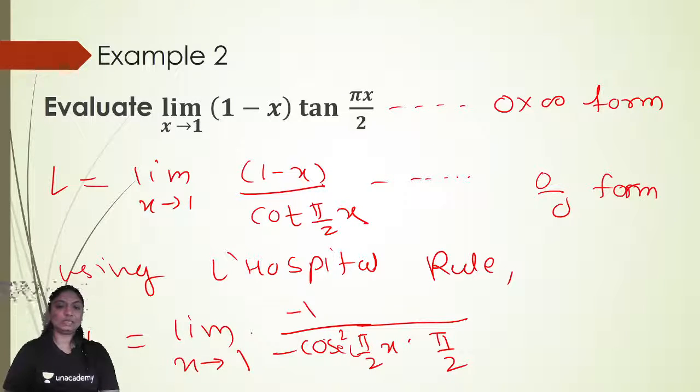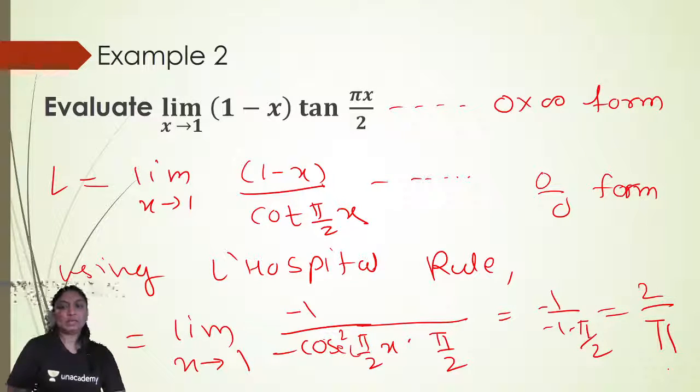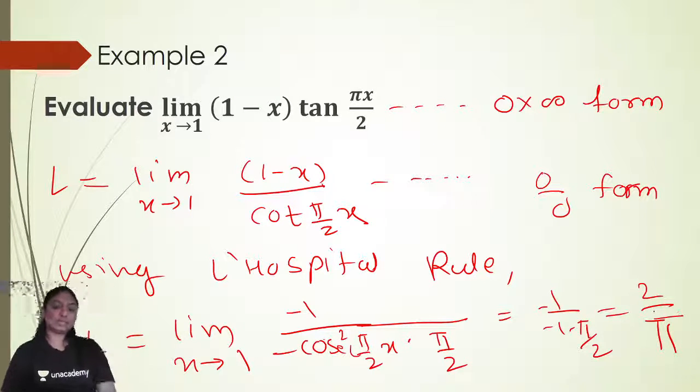Now put limit as x tends to 1. Minus minus becomes plus, and you get 1 upon cosec square pi by 2 into pi by 2, which is nothing but 2 by pi. So the value of limit as x tends to 1, (1 minus x) into tan pi by 2x is 2 by pi.